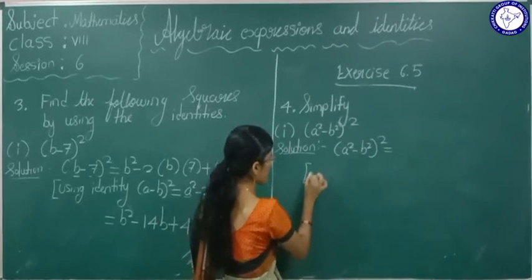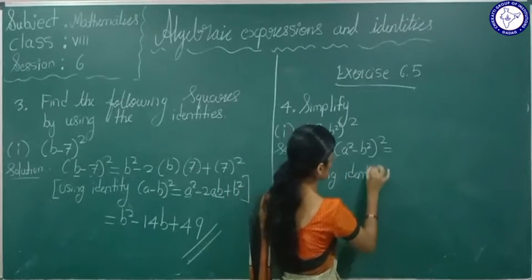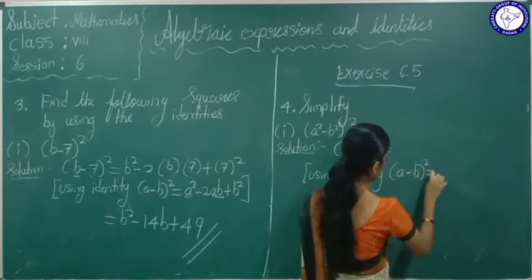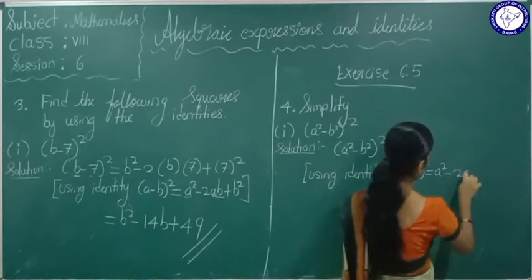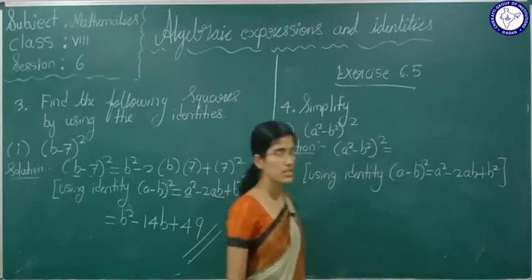Using the identity, can we use (a - b)² = a² - 2ab + b²? Yes, see here.